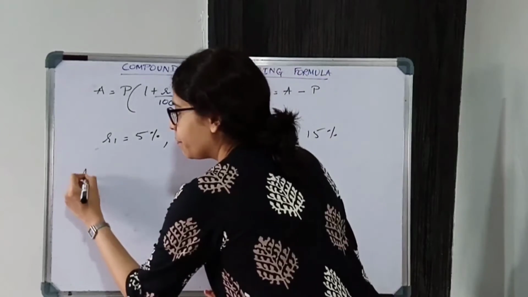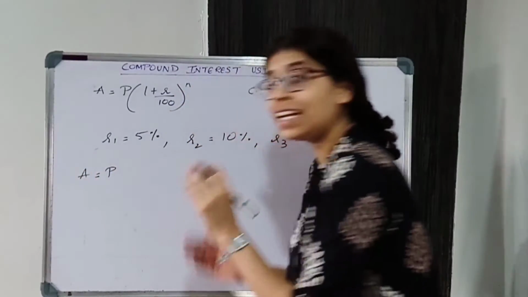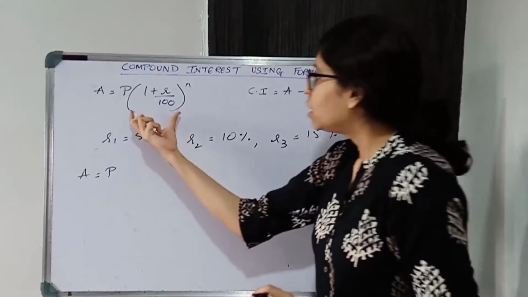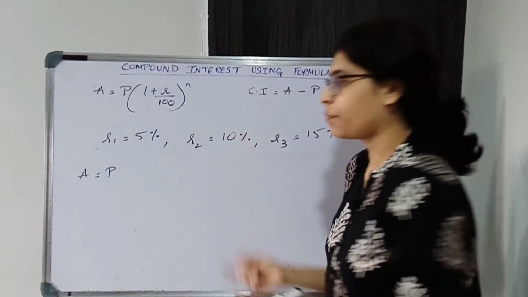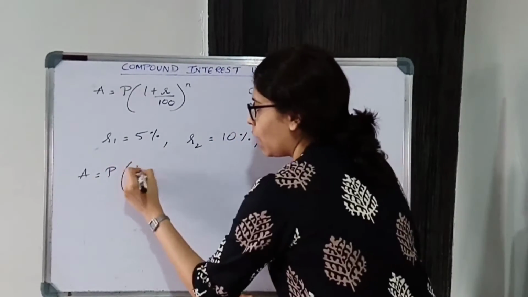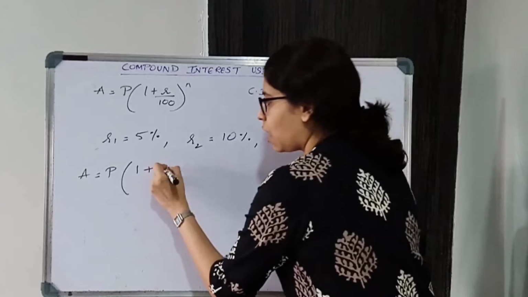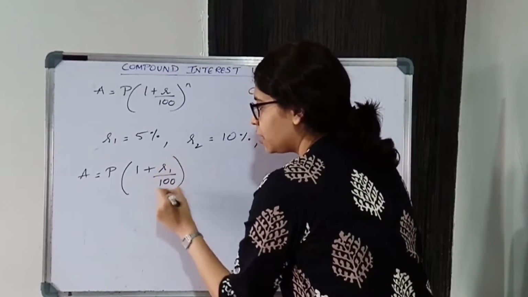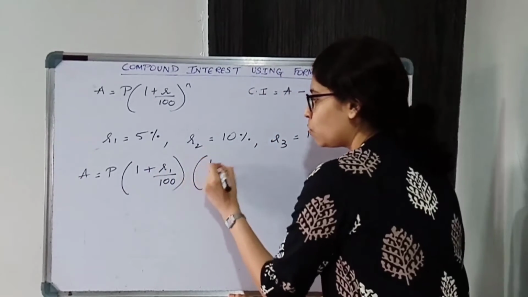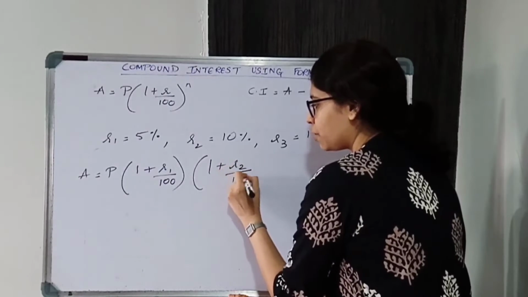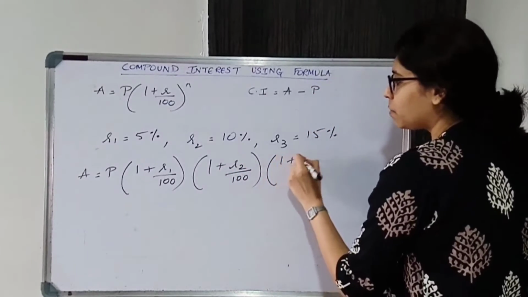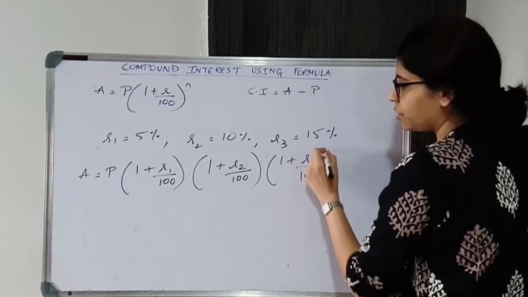Formula will be A is equal to P into, now ये जो ब्रैकेट है वो चेंज होगा. So 1 plus R1 upon 100 into 1 plus R2 upon 100 into 1 plus R3 upon 100.